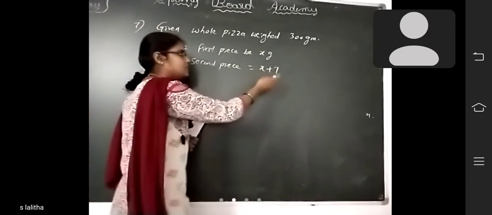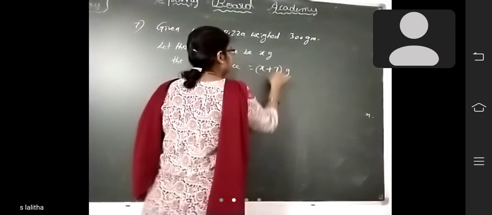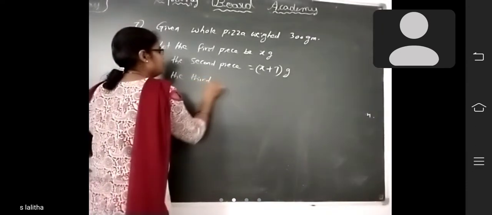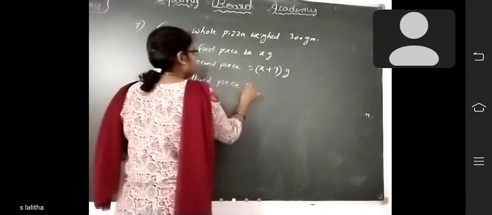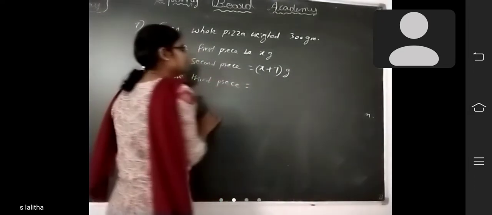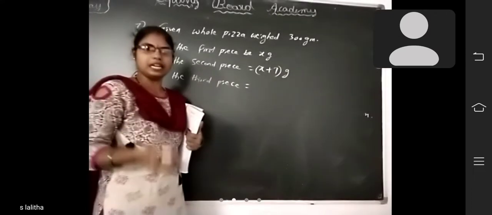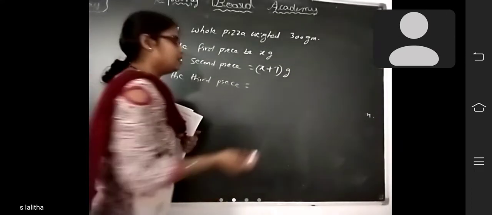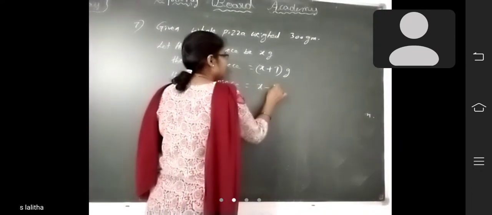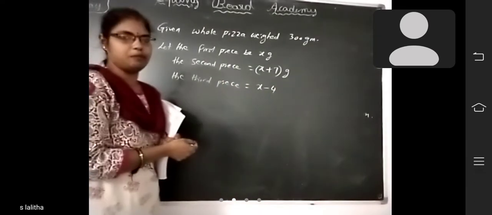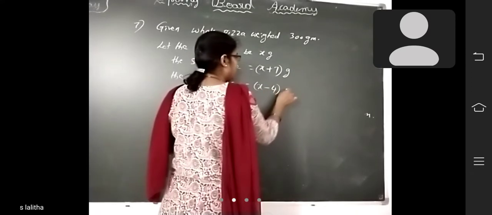That's why x plus 7 grams. Next, the third piece. The first piece is 4 grams heavier than the third piece. That means the third piece is 4 grams lighter. So x minus 4 grams.